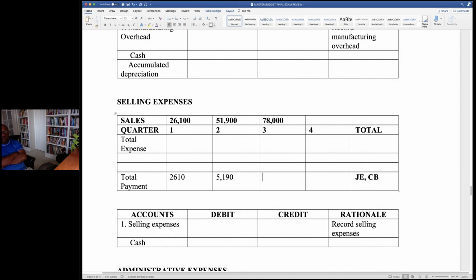And I'm guessing the 10% of that is 7,800. Get rid of a zero. All right, and then we're gonna go put that on our cash budget.